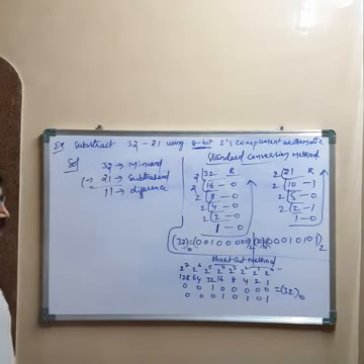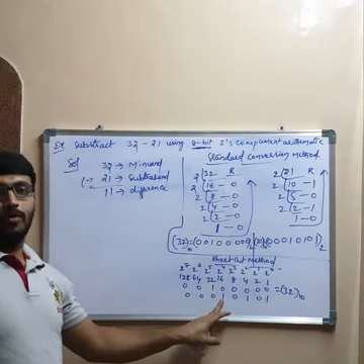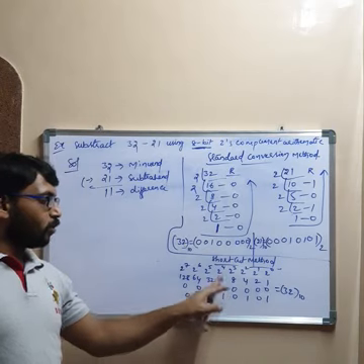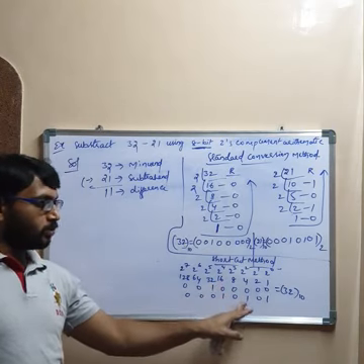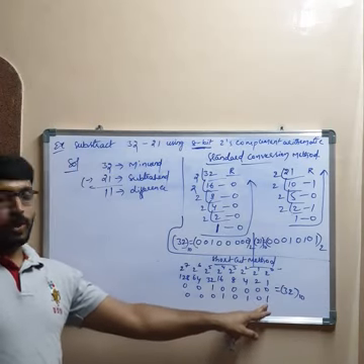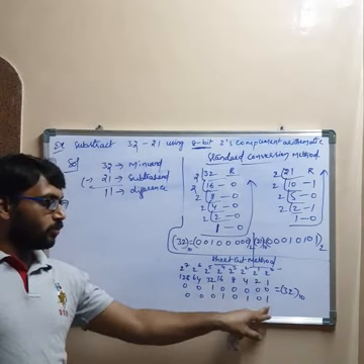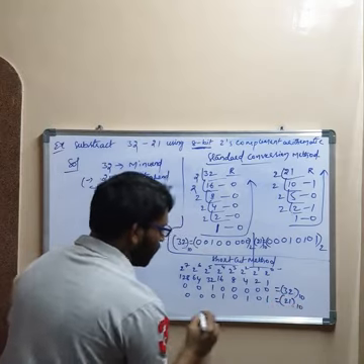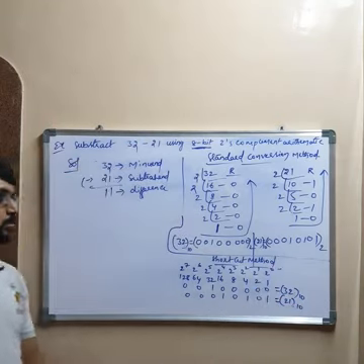So whenever you are converting this number back to decimal, wherever there are ones in the respective weights, 1 into 2 power 4 gives you 16, plus 1 into 2 square gives you 4, plus 1 into 2 power 0 gives you 1. So finally you will get 16 plus 4 is 20, 20 plus 1 is 21. So this is the 21 base 10 representation. Here also we got the same number.